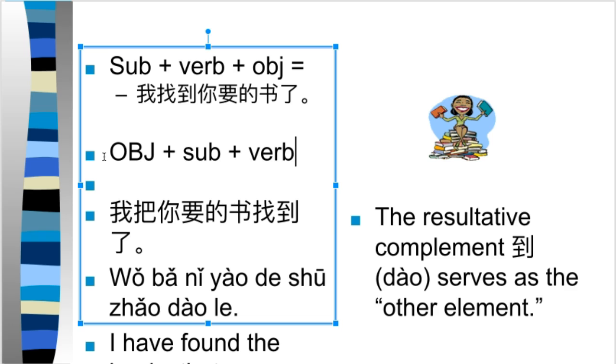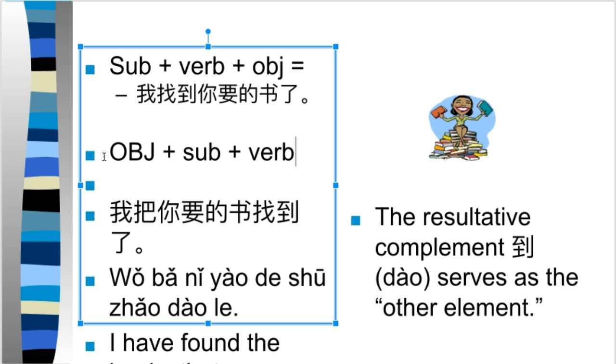All right, this is the big thing with Chinese topic comment sentences, that you can shift the verb to the end. We have seen this structure, object, subject, verb, more and more in Chinese, because a lot of more advanced Chinese structures use this kind of word order.